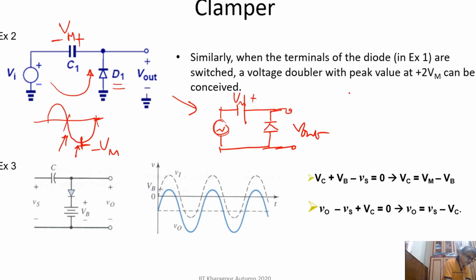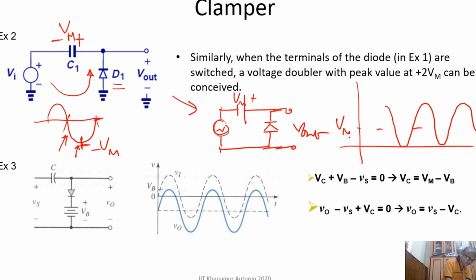So if I draw the output voltage, it is shifted by plus Vm, but the 2 Vm peak to peak value will remain the same, and the frequency remains the same, and so on. So you see, by changing the polarity of the diode, we can shift the entire AC signal to the negative side or the positive side.